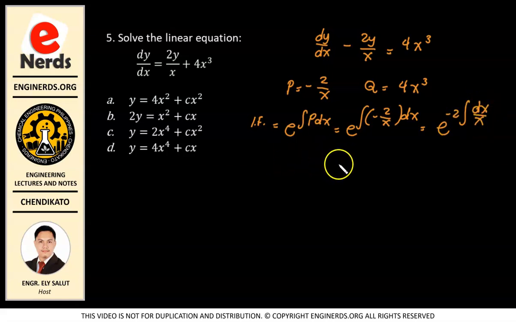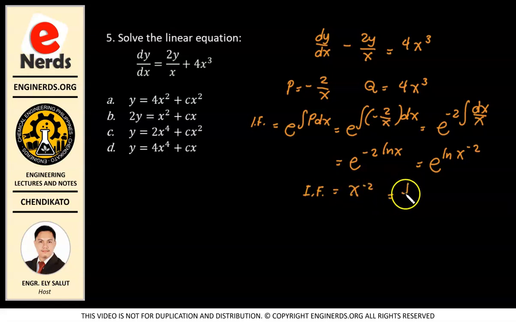So therefore this is equal to e to the negative 2 ln x, right? So this will be e to the ln x to the negative 2. Right, so applying the rules of logarithm, our integrating factor will be equal to x to the negative 2 or 1 over x squared. No? So yan yung ating integrating factor.